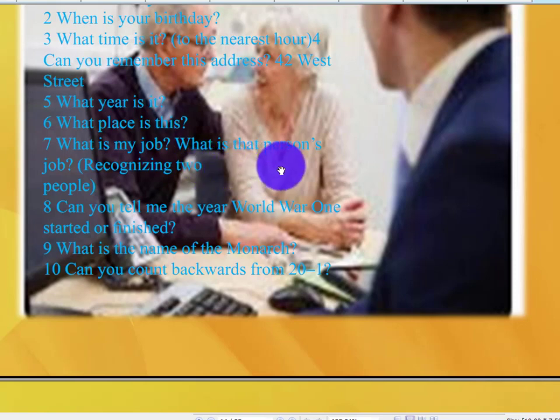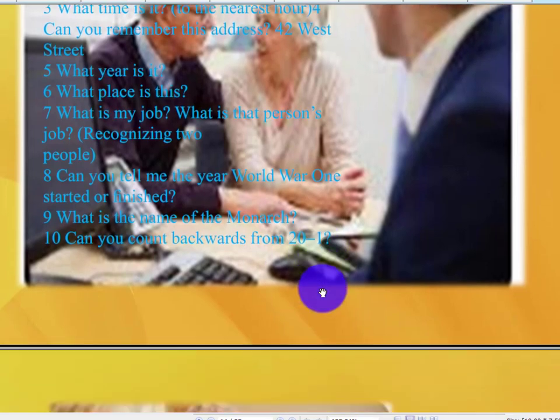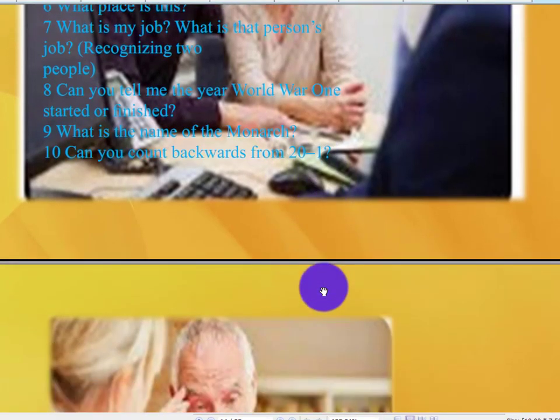What is that person's job? Recognize. Can you tell me the year World War I started or finished? What is the name of the president or monarch? Count backward from 20 to 1. Ten questions.